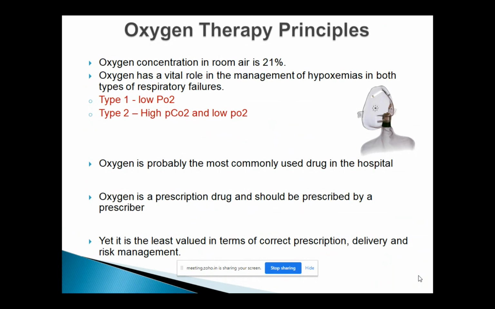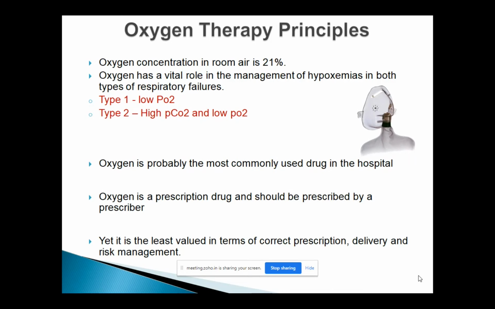The other way of saying this is fraction of inspired oxygen. Our fraction of inspired oxygen for a healthy adult breathing room air is 21%. Oxygen has a vital role in the management of hypoxemia. Hypoxia means low oxygen. When we talk about respiratory failure, we have two types: type 1 and type 2.